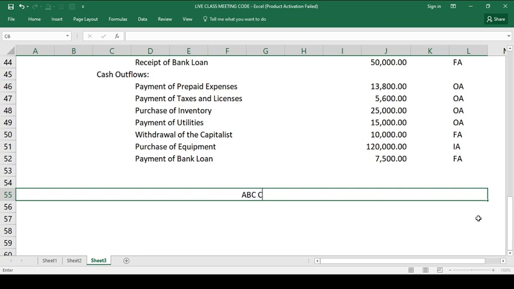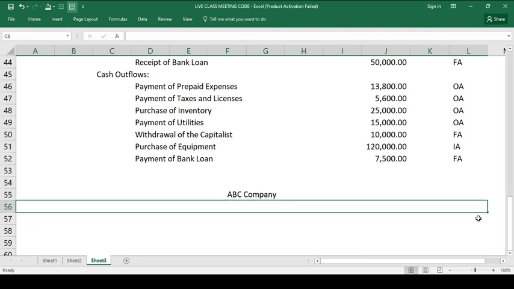That's the first thing that you need to do. The second line of the statement of cash flow report is the name of the report. Because we are preparing the statement of cash flow, we need to write the statement of cash flows.